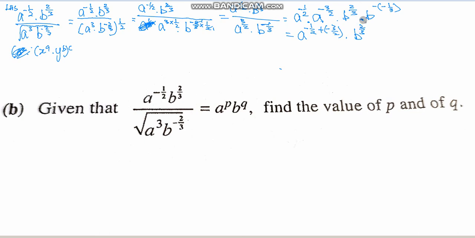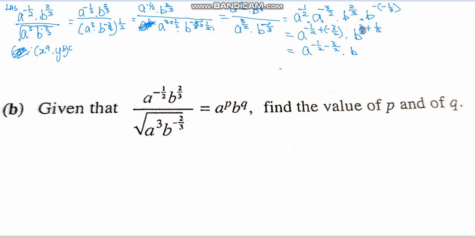Multiply is plus, because minus times minus becomes plus. Okay, so B, 1 over 3 only. So plus 1 over 3. Okay, now next, A minus half. Positive times negative becomes negative also. So minus half minus 3 over 2.